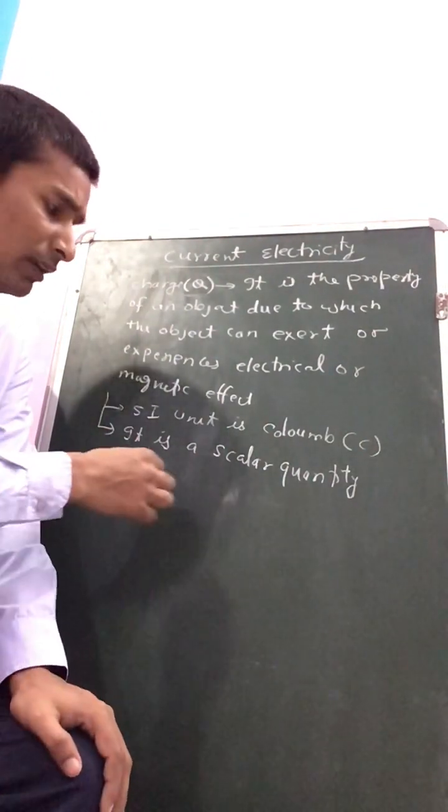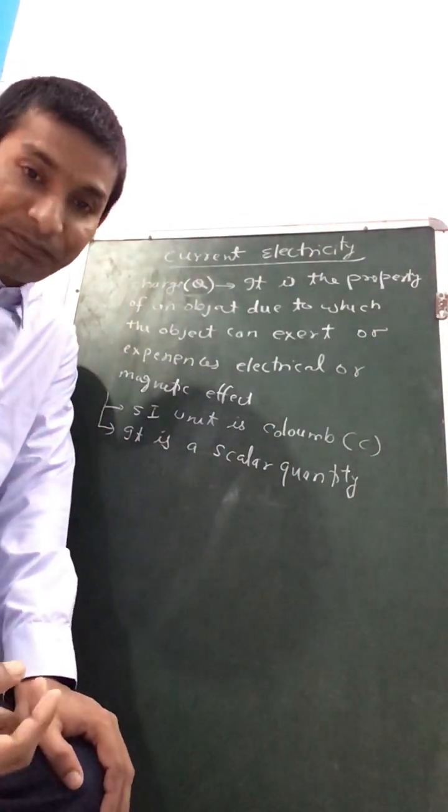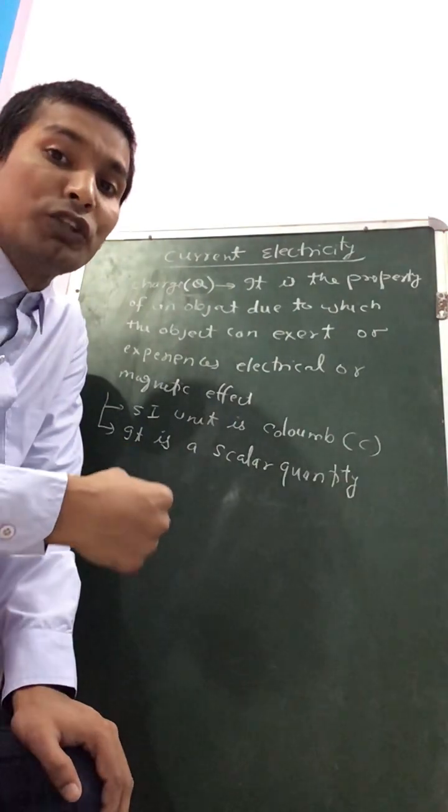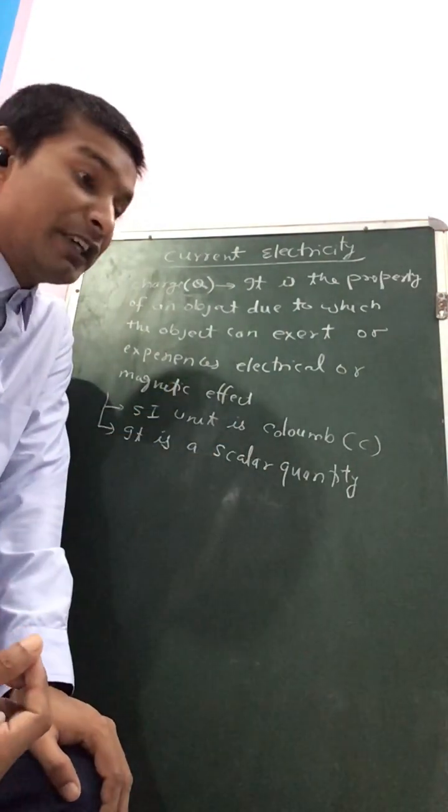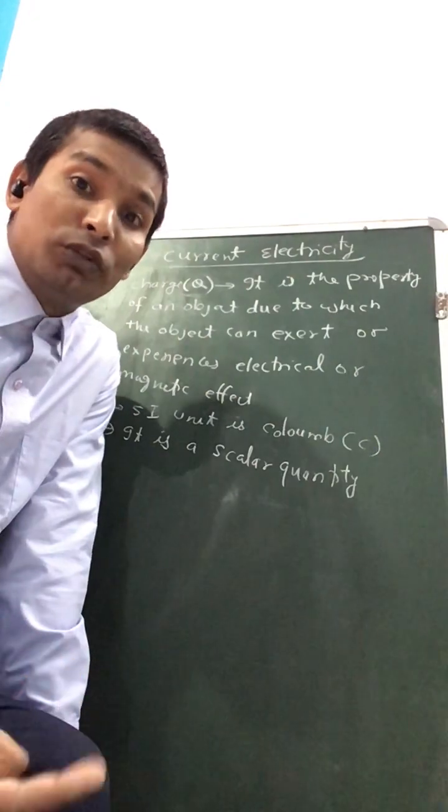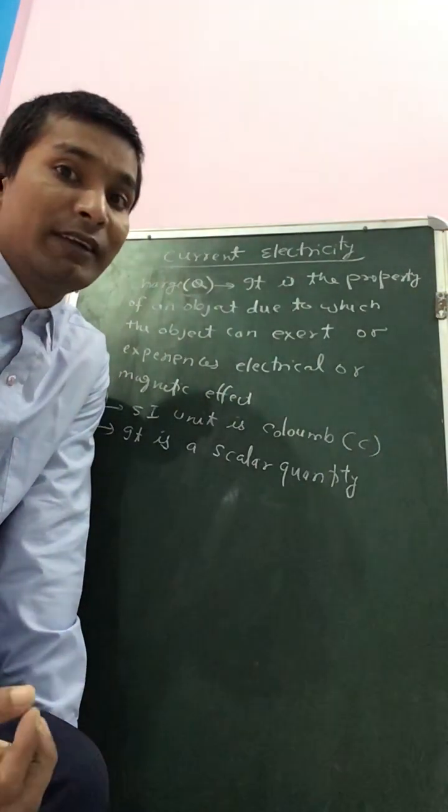And we also know that scalars follow the simple rule of algebra. What does that mean? 1 plus 1 is 2, 2 plus 2 is 4, right?